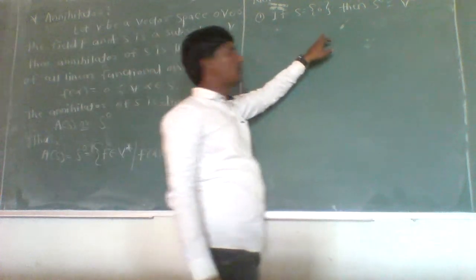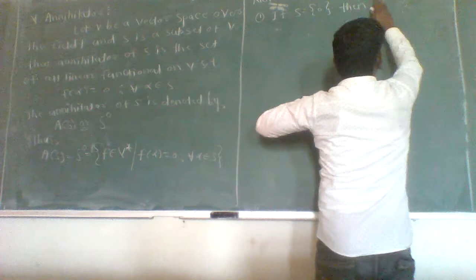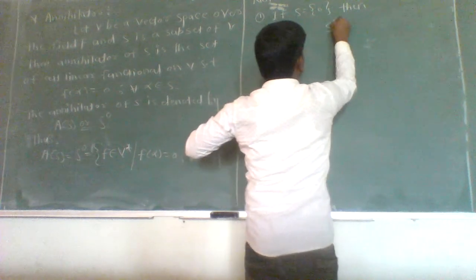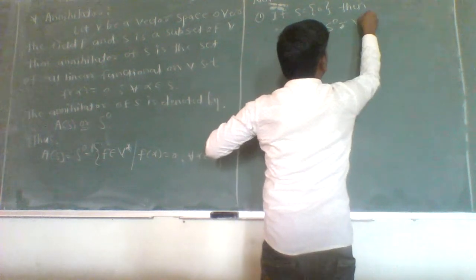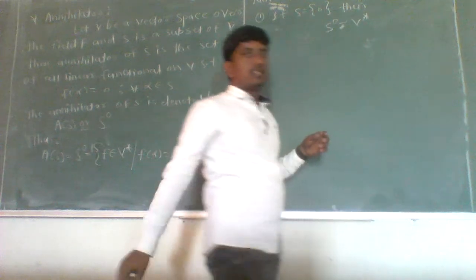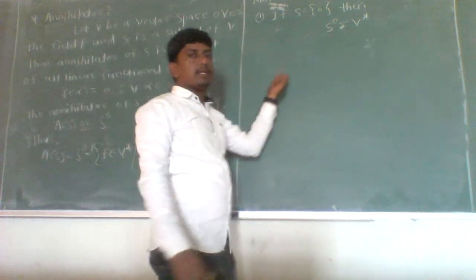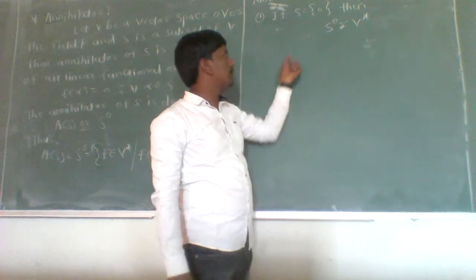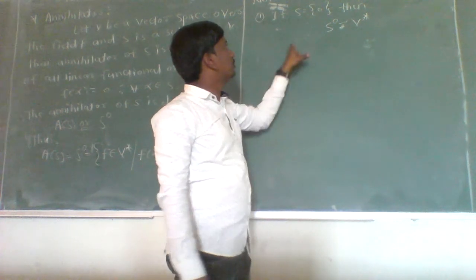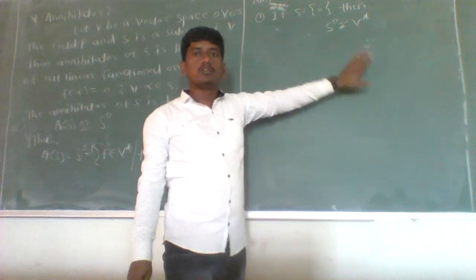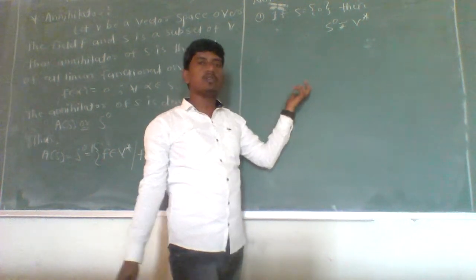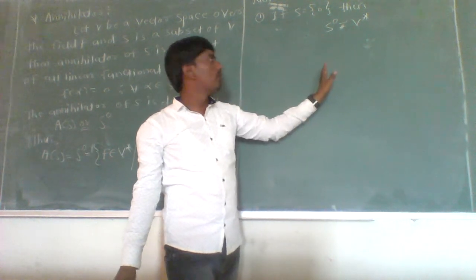Here we have to check that if S is equal to 0, then the annihilator of set S contains all the linear functionals in V star. Since we know that every linear functional is a linear transformation, and every linear transformation maps a zero vector to a 0 scalar. That is, the image of 0 is always 0 only.